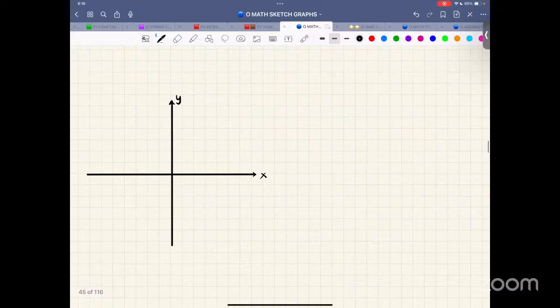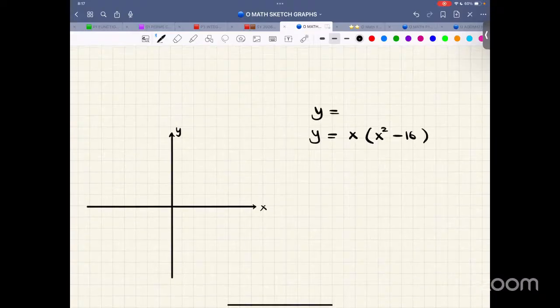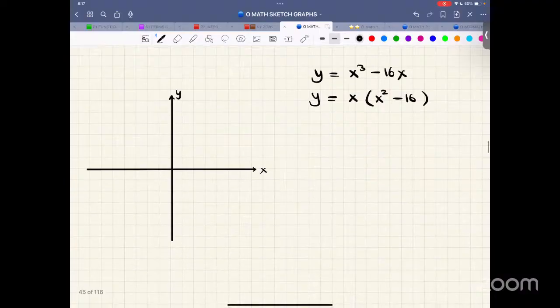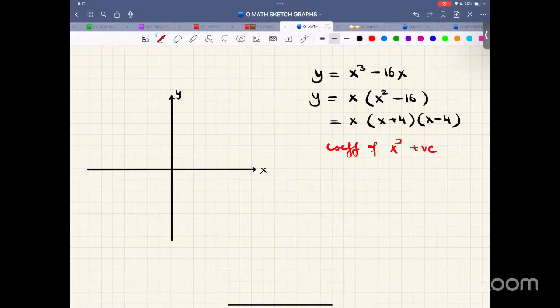What about y equals x(x squared minus 16)? Maybe originally it was written as x cubed minus 16x. So I took x common, x squared minus 16. That is x common. And this is (x plus 4)(x minus 4). So now again, the coefficient of x cubed is positive, x is positive, x is positive, x is positive.